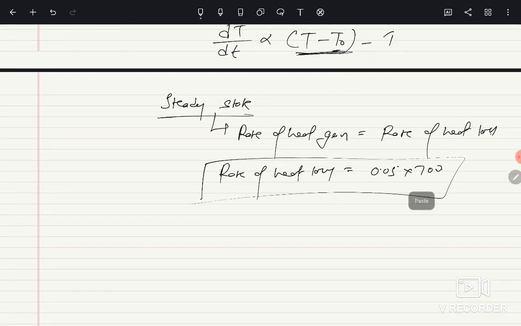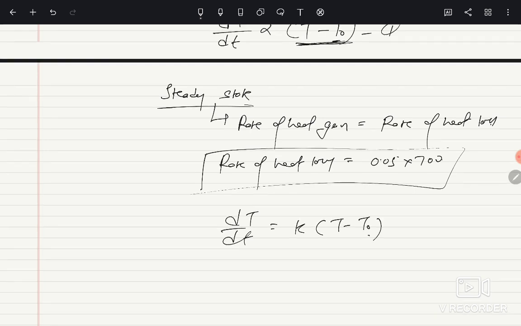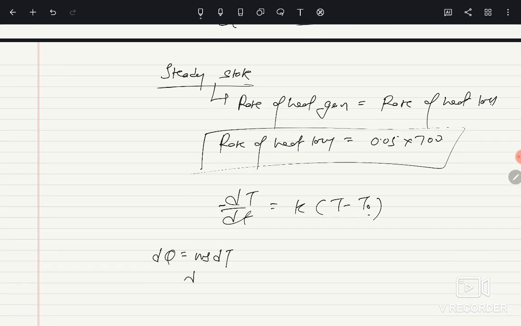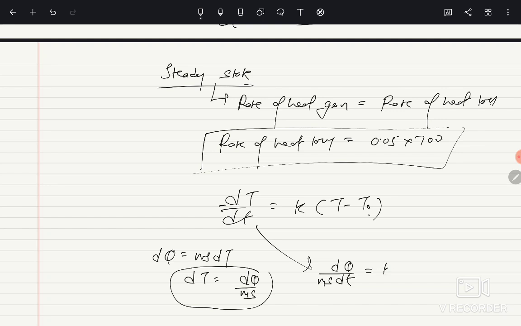Now if we take Newton's law of cooling and remove the proportionality sign, we'll get K times T minus T naught, and in place of dT we can write, we know dQ is equal to m s dT. So in place of dT we can write dQ by ms. So we are using dQ by ms in place of dT, and that is K times T minus T naught.